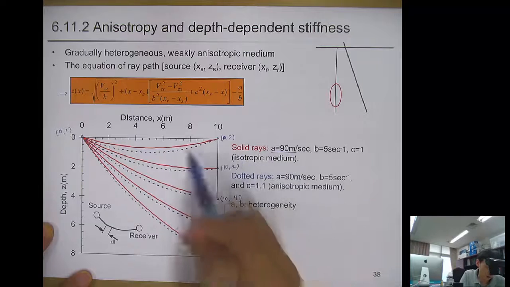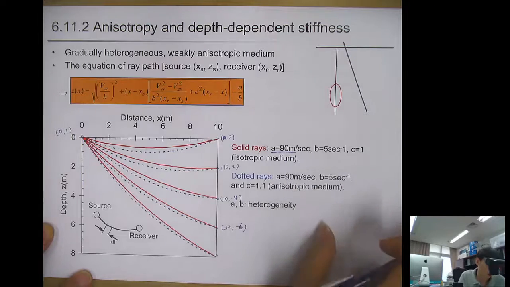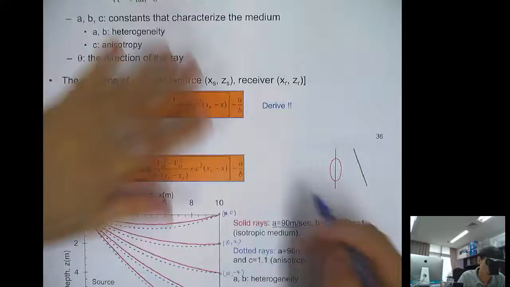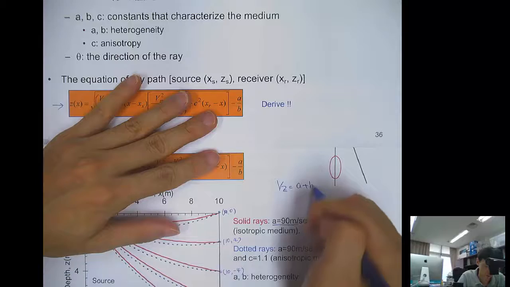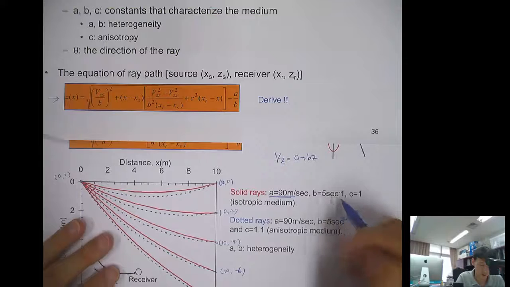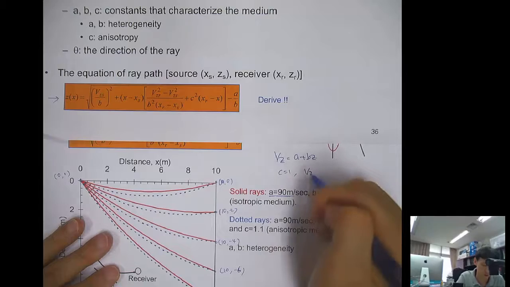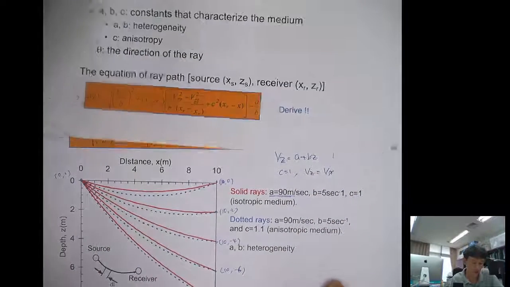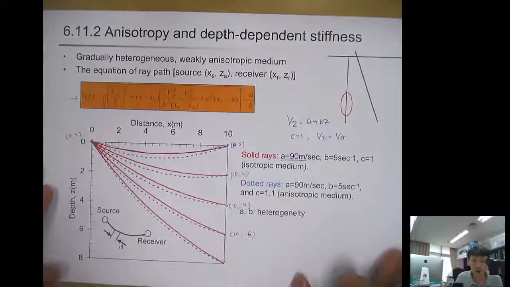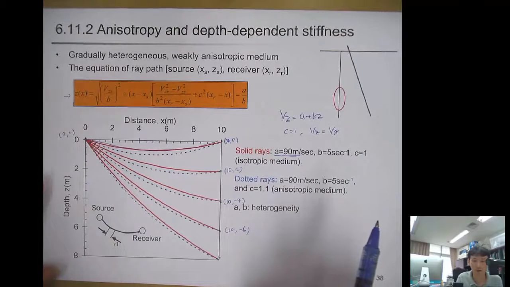Let's look at the red one. When A is 90 meters per second, so what's the A? Here Vz equals A plus Bz, and B is 5 per second, and C is 1. C is 1, so Vz equals Vx, an isotropic medium. So then it will show this kind of curved ray, and this is the path that the wave arrived at the earliest.